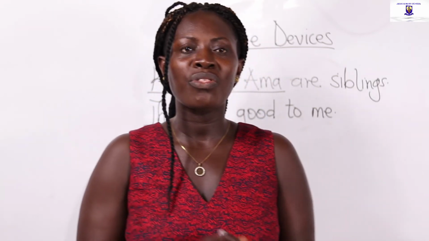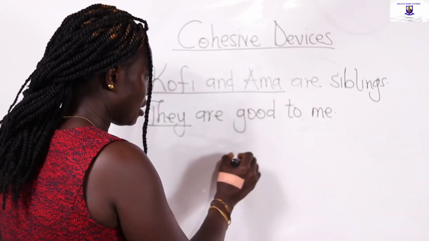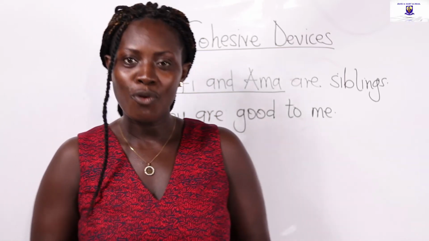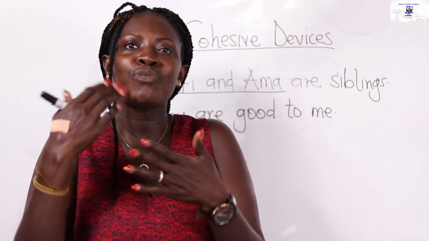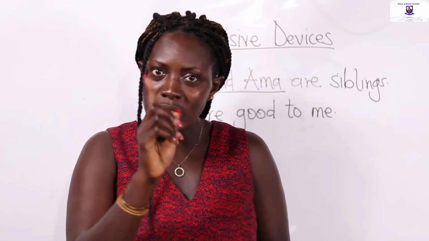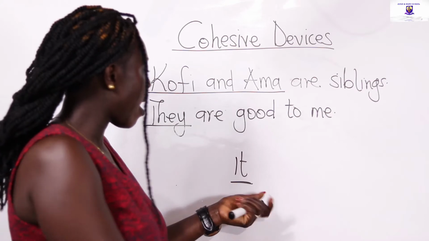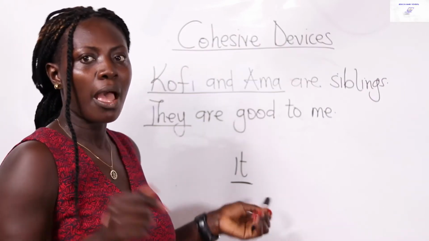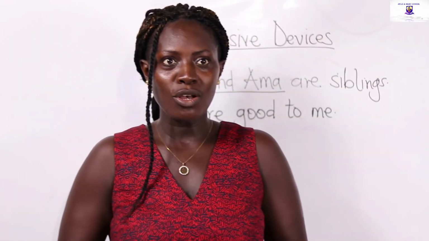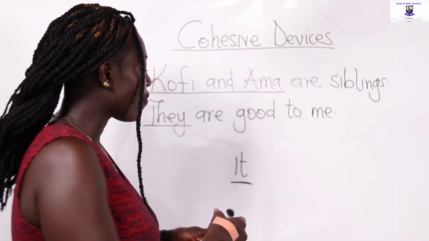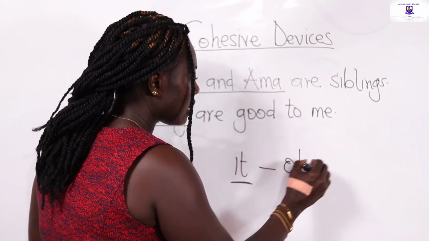Let us continue. The word it. This word, it, is a pronoun used to refer to objects, not persons. The word it here is used to refer to objects, but not persons.